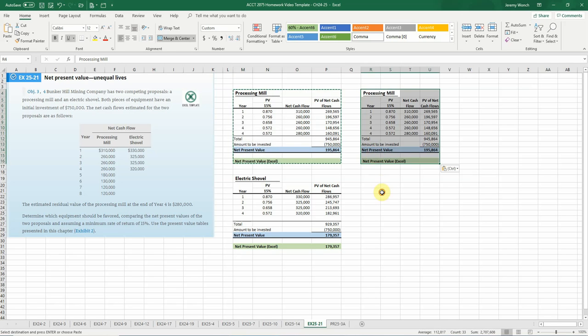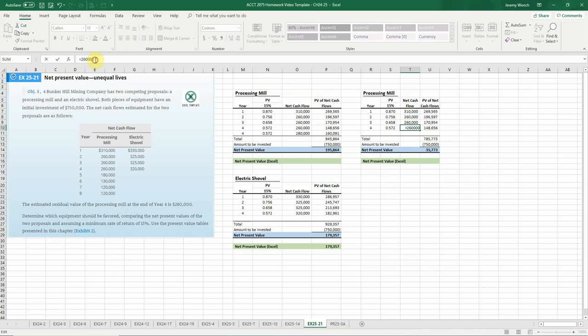I'm just going to copy this and move it over here. Because what I'm going to do is delete this year 4, and then I'm just going to add that cash flow for the residual value here. So that's going to be 280,000.